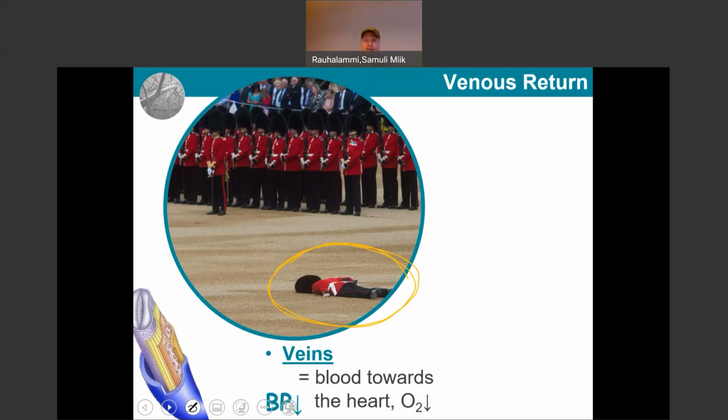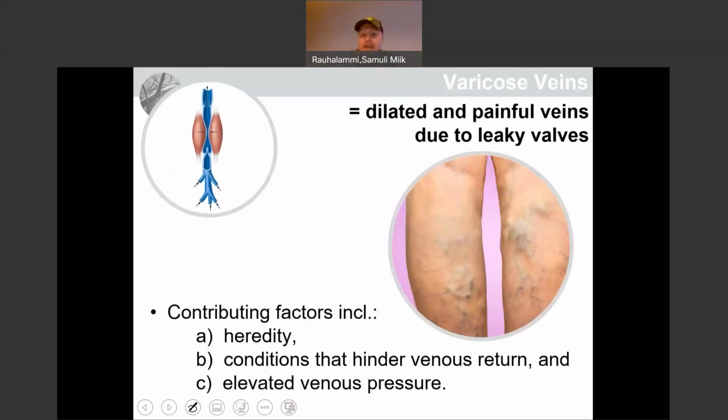Another clinical relevance is, of course, our varicose veins. This is what happens when some of these valves that we saw earlier on fail and blood ends up flowing back downwards following gravity and now pooling up where the next valve is that's actually functional.